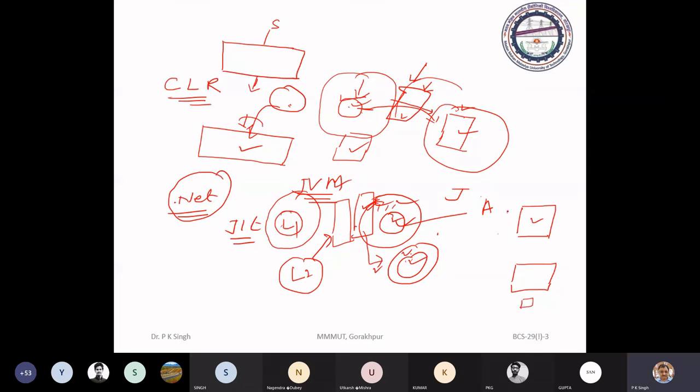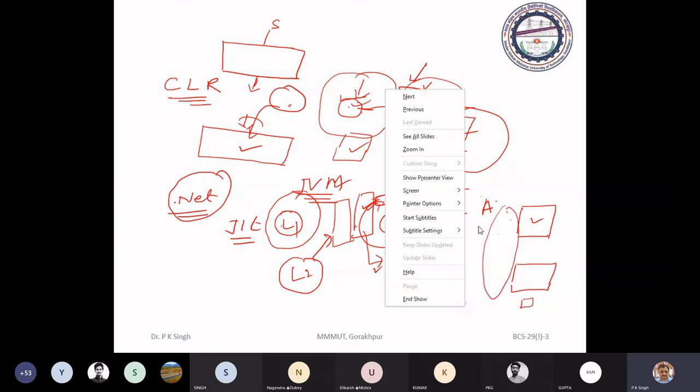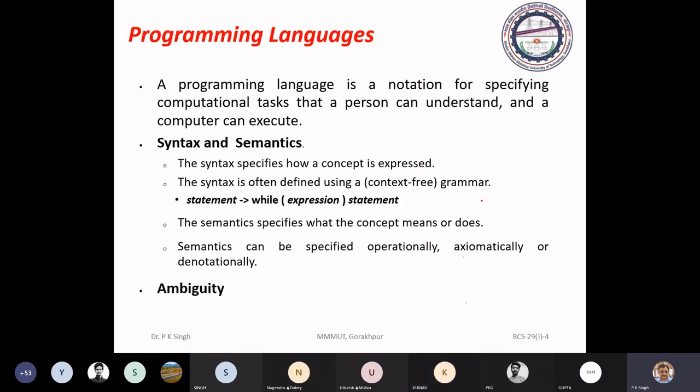If you have to change this language, then you have to change the entire compiler. If you have to change the machine, you have to change the entire compiler.